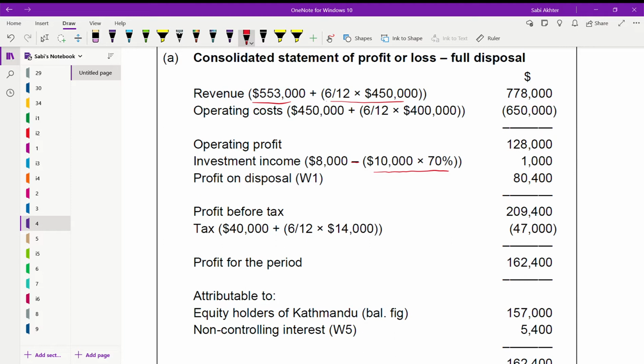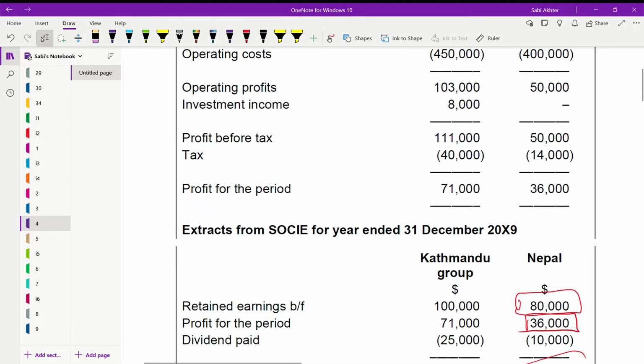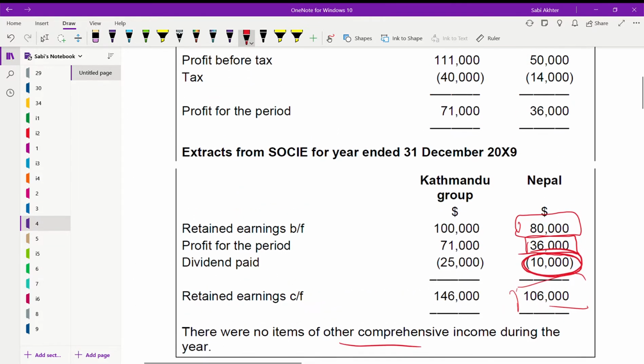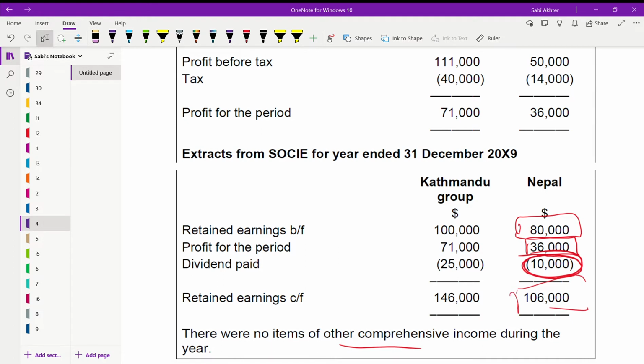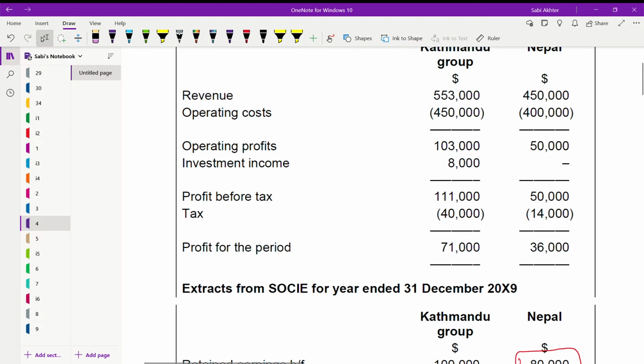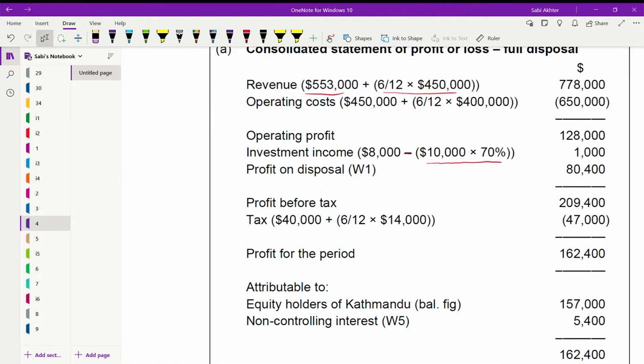When you're finding the fair value, it is this 10,000 that you are taking as the dividend. You have to deduct it from the investment income. So that's 70%. You are deducting that dividend.